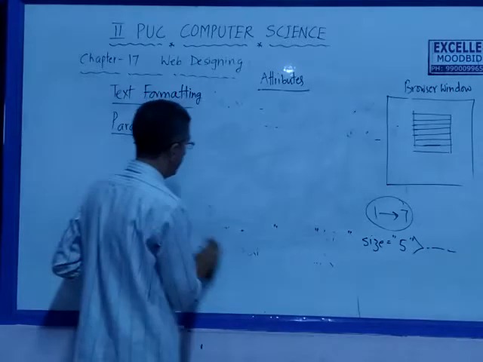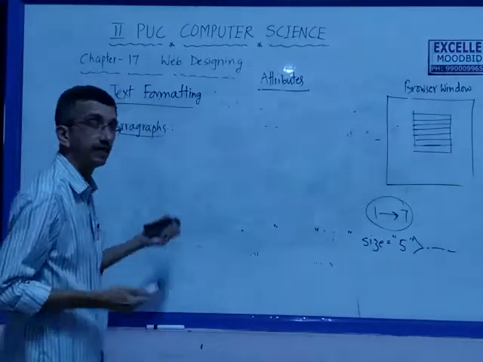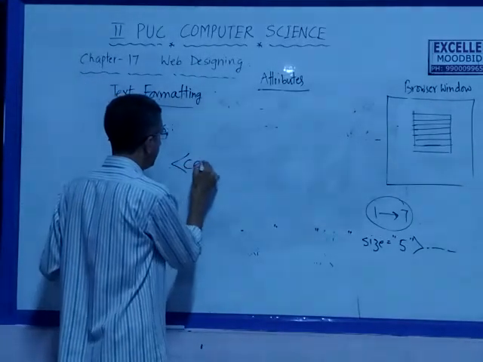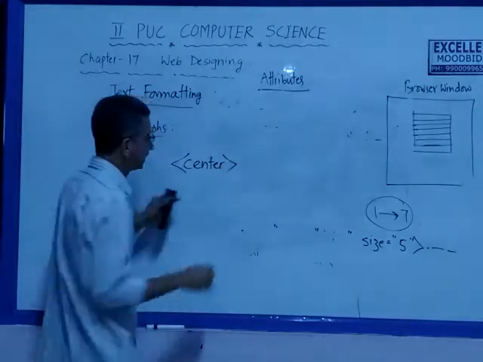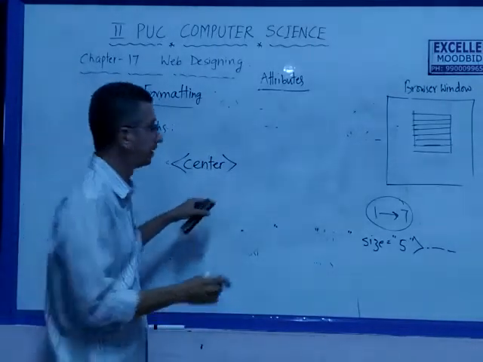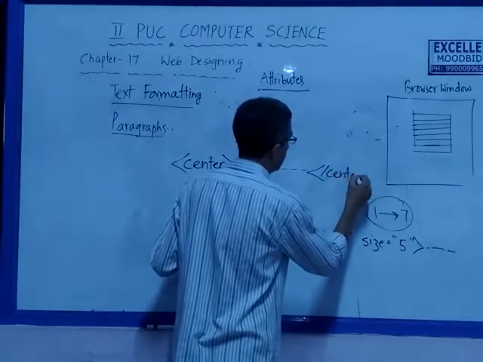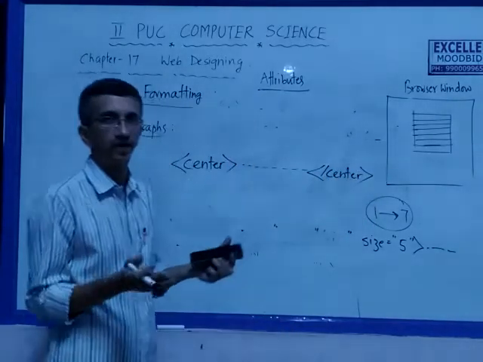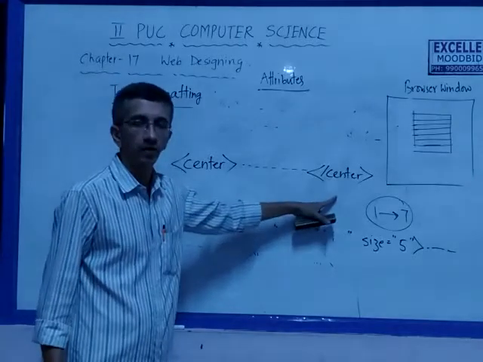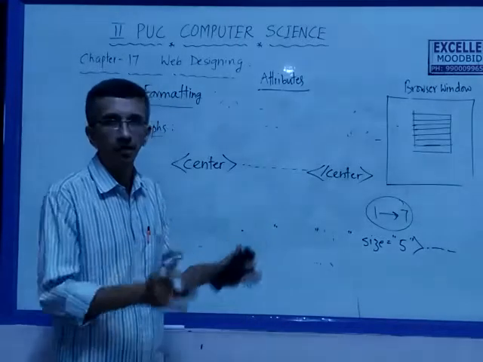The central alignment can be done using the center tag. There is an independent tag, center. Look at the spelling of center. It is CENTER. Close and write whatever, close center. So whatever text you enclose within this pair of center and close center tags will be aligned to the center of the page.